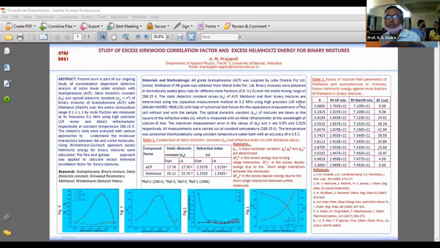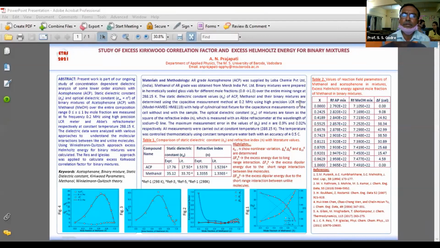So the figure shows the variation of the excess dipolar energy due to the long range interaction between the particles. This shows the positive deviation.